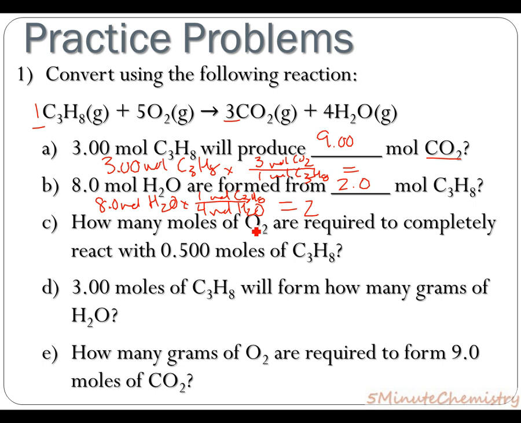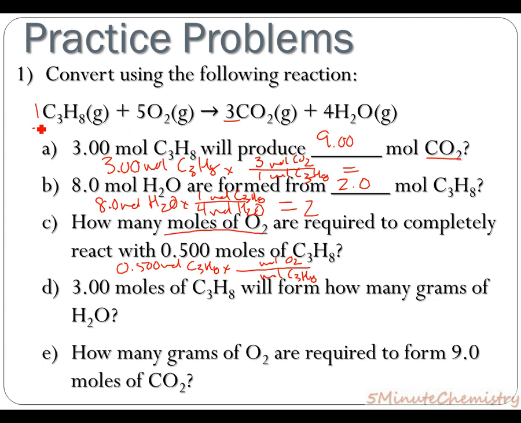Next, how many moles of O2 are required to completely react with 0.5 moles of C3H8? So the value that I know is moles of C3H8. We'll begin there. 0.500 moles of C3H8. I'll set that up with a mole ratio to cancel moles C3H8 on the bottom. And I'm looking for moles of oxygen, so that would be moles of O2 on top.